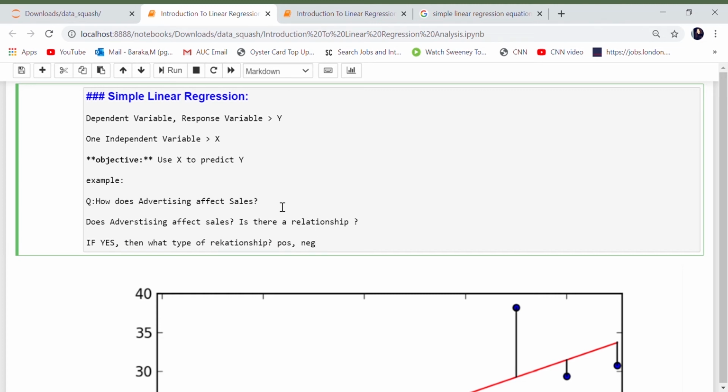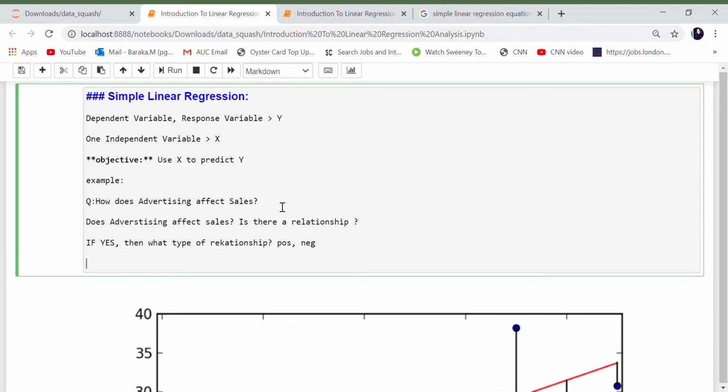And then the last question is, what is the strength of the relationship? What that means is, I want to know by how much, if I change the money I spend on advertisements by, let's say, 10%, that is going to affect my sales.